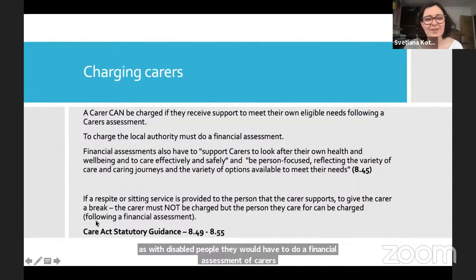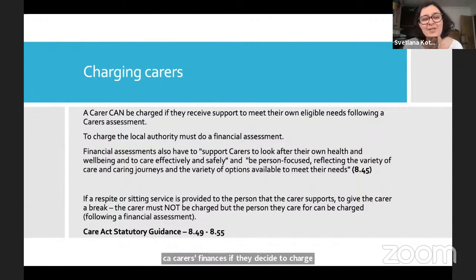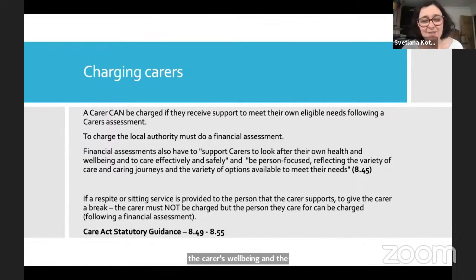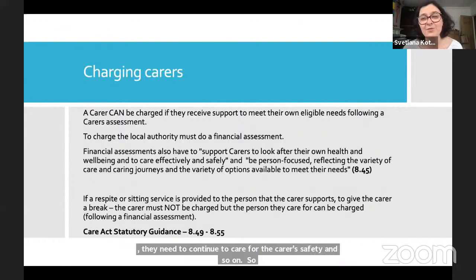For financial assessments, the guidance says that they have to take into account the carer's well-being, the need to continue to care, the carer's safety and so on. So effectively, it's probably a hint that local authorities need to think hard before they charge carers and how they ask them to pay.